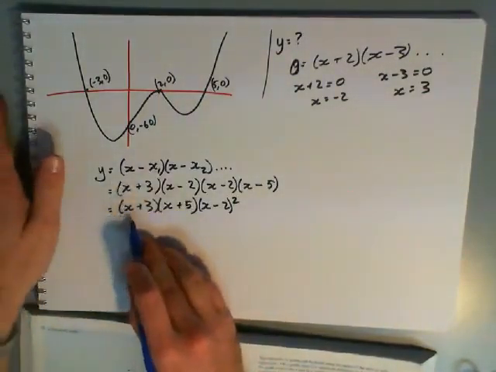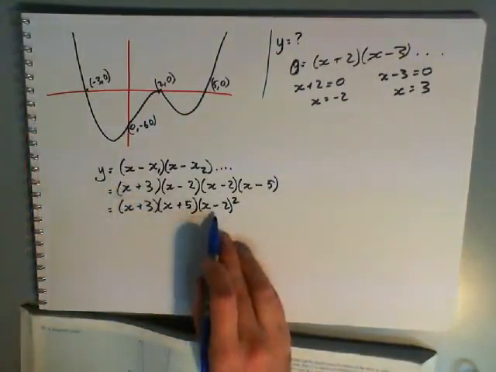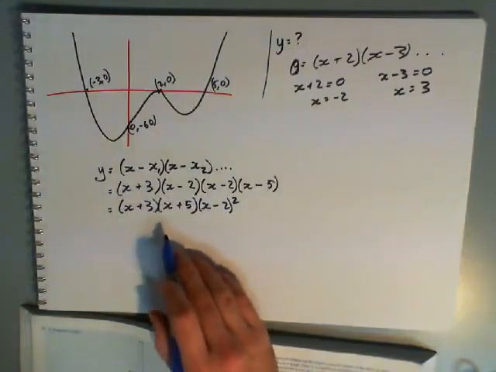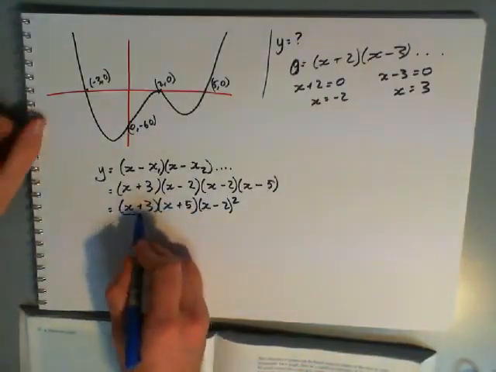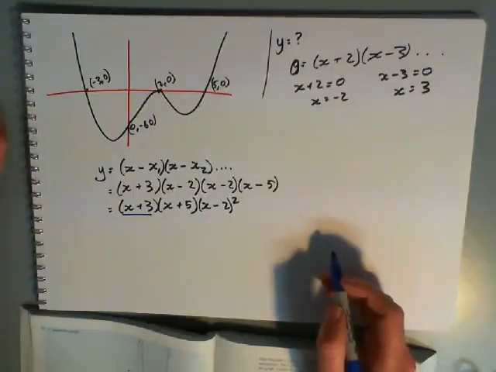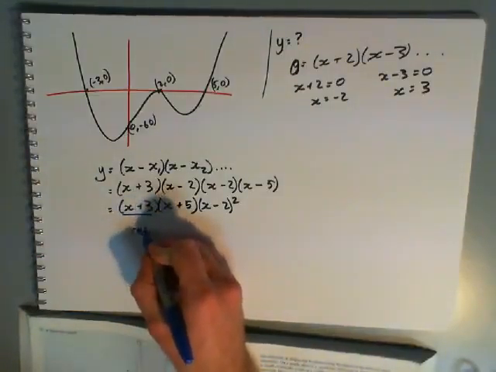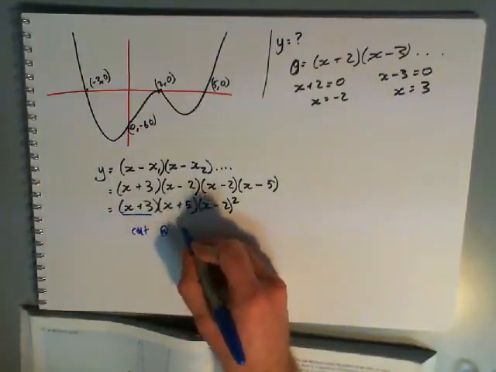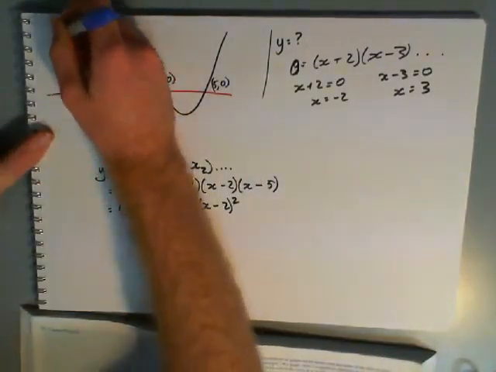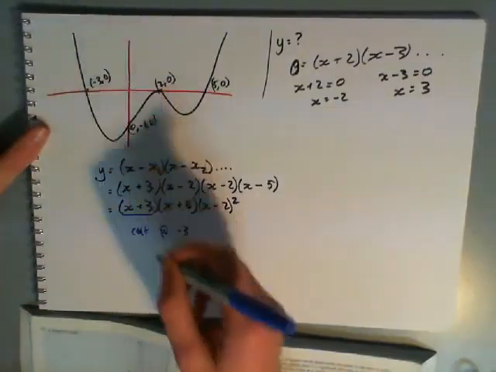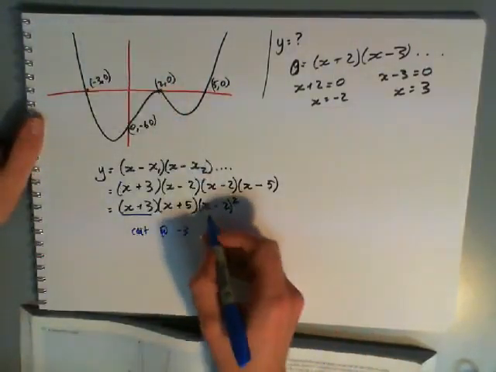Okay, so just looking at the factors, what we want to do is look and see what they actually do. So x plus 3 indicates that it's going to cut the x-axis at minus 3. So it cuts it, starting up and going down, nothing else happens there.